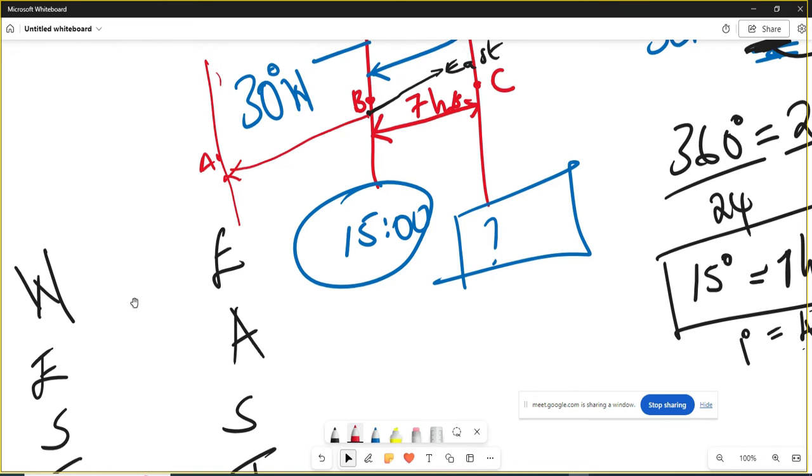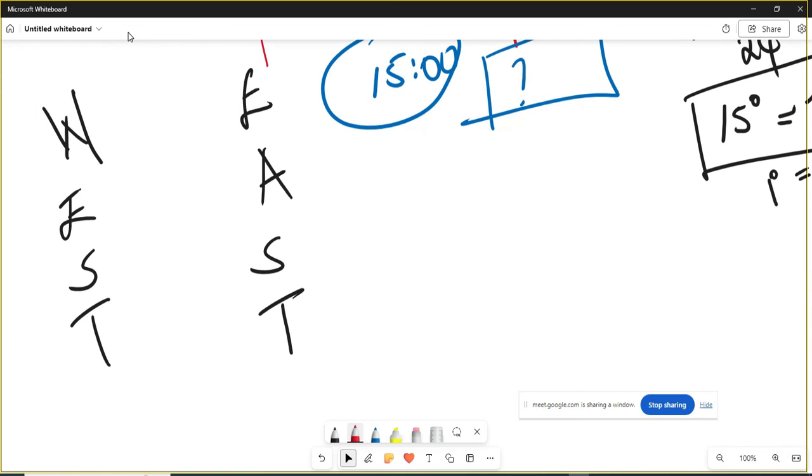So when you are going toward the west, we subtract time.